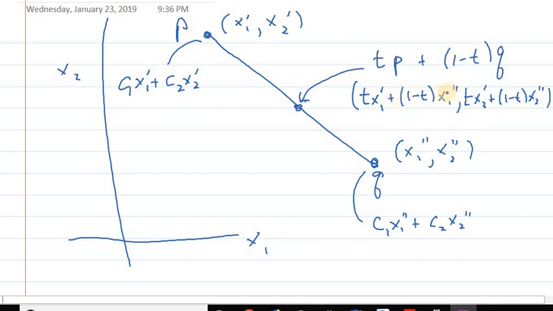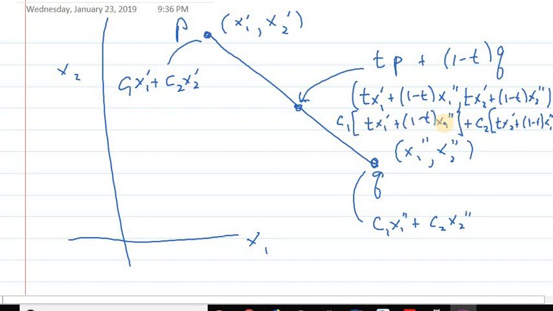So at this point, the value of the function is going to be C1 times this first component, which is T x1 prime plus 1 minus T x1 double prime, plus C2 times T x2 prime plus 1 minus T x2 double prime.